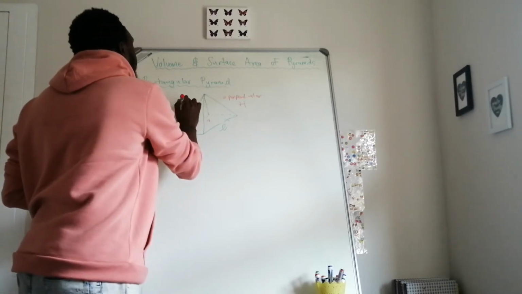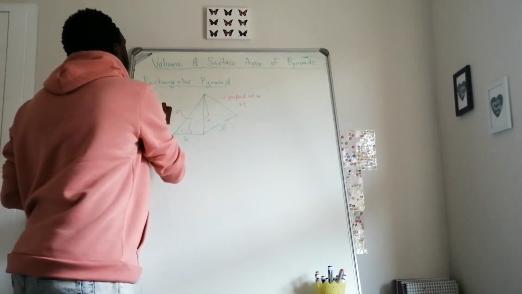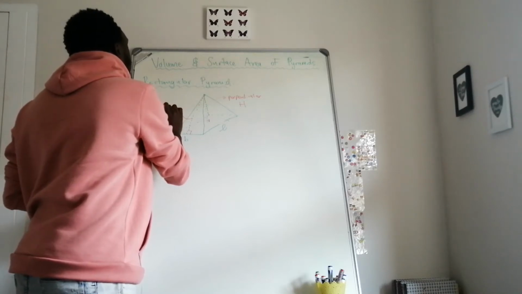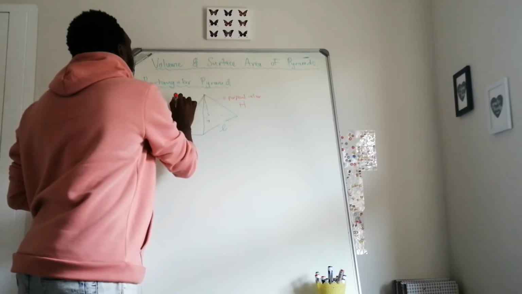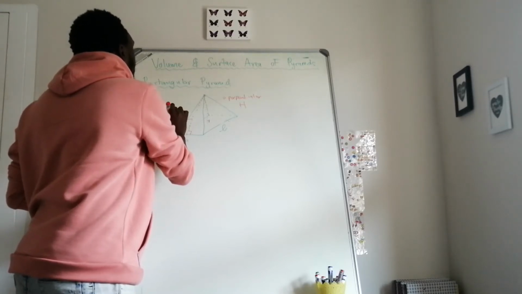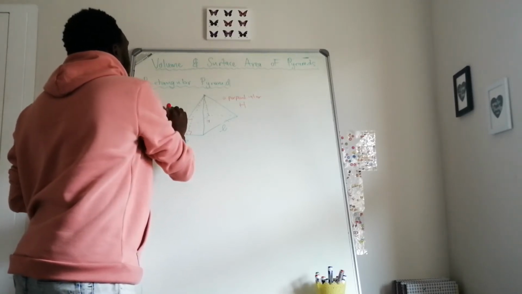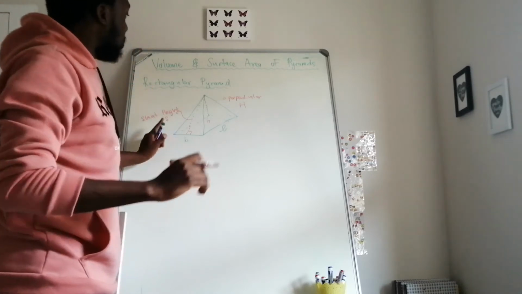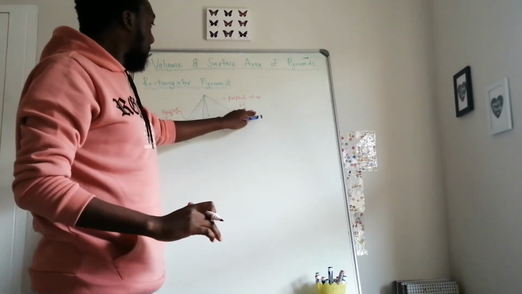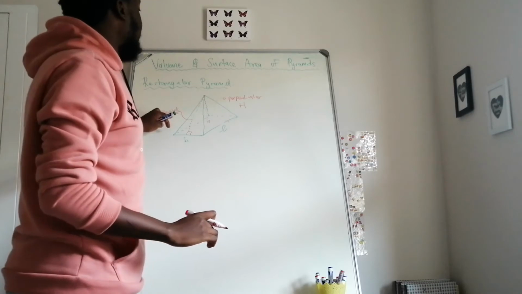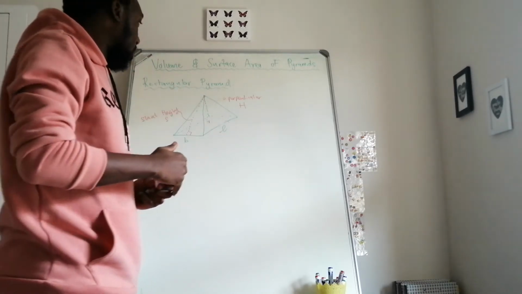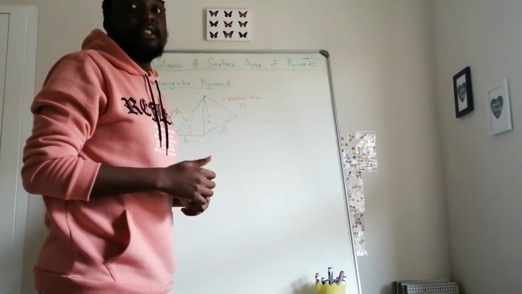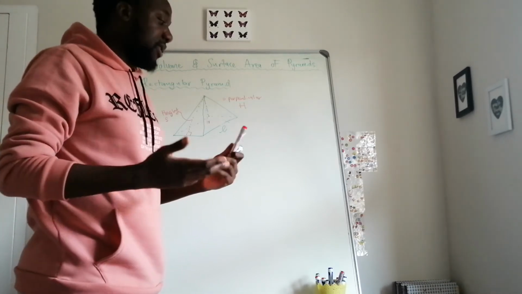And this we call the slant height, and I'll call this one S instead. So I have two heights: a perpendicular height and a slant height. And we're going to use those when we calculate the volume and the surface area.